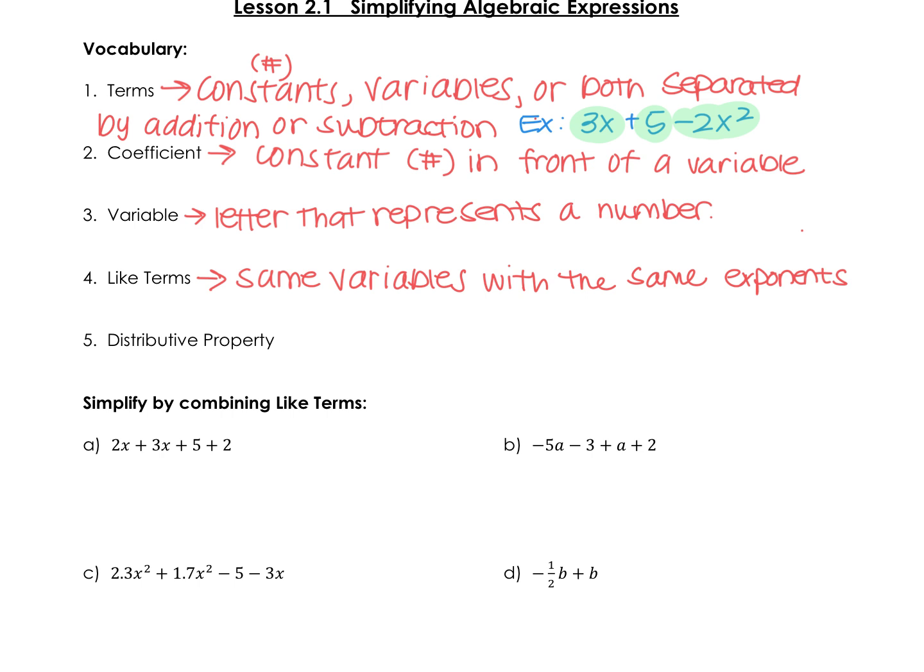And so some examples are 2x and 3x. Those are like terms. They both have an x.